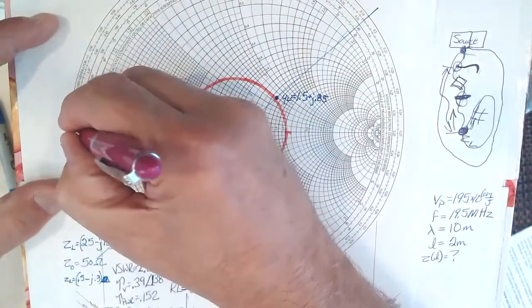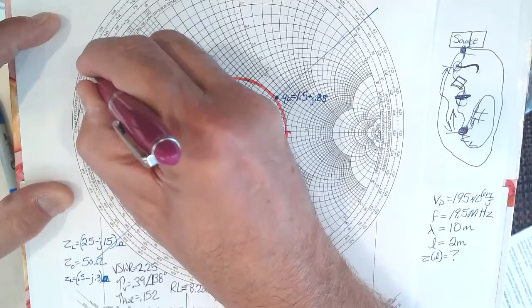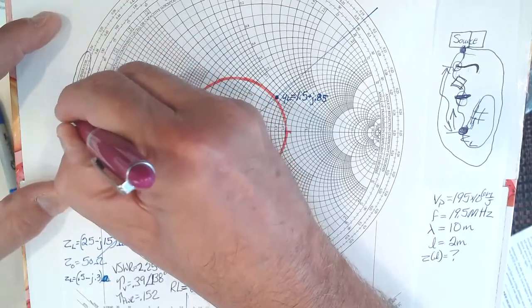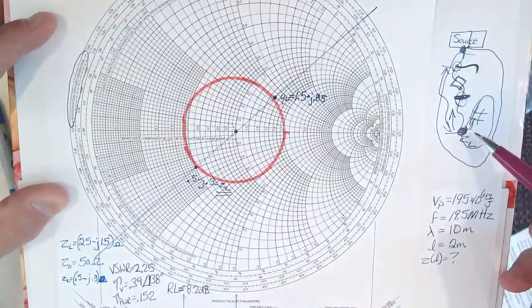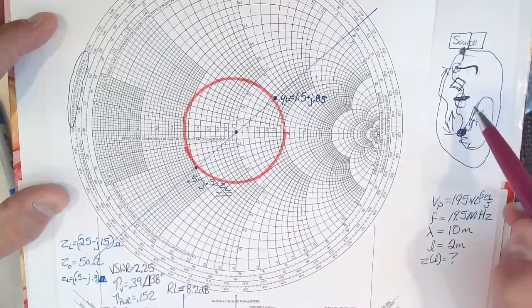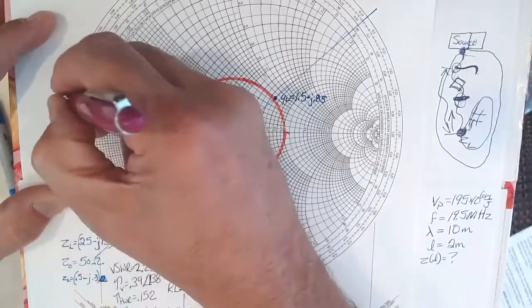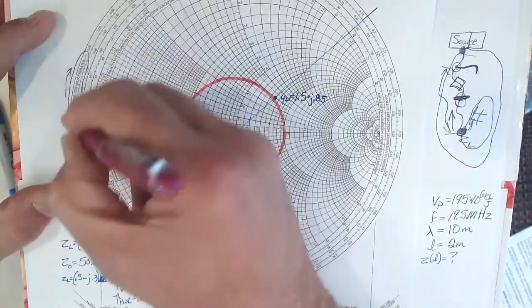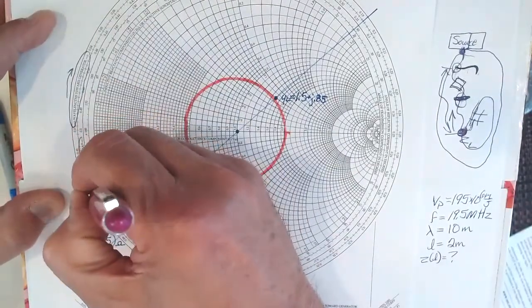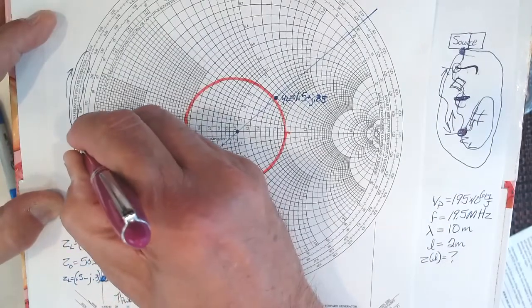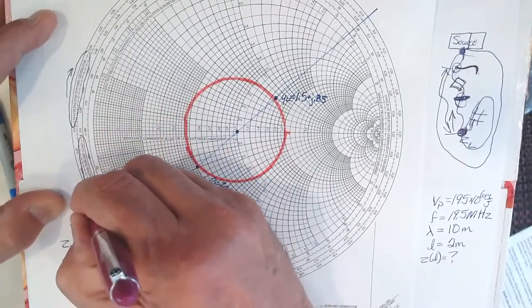Well, right here we have wavelengths toward generator, don't we? And isn't that from the load toward the generator? We've got another one here which goes the other way. This one is going this way, and this one says wavelengths toward load is going this way.